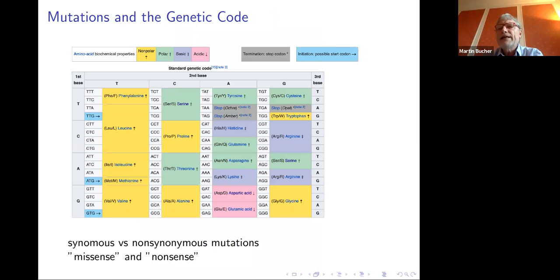Okay, so that's not the only thing that can happen. Sections can be added and taken out. So insertions or deletions. And when you make a comparison, it's a little ambiguous because neither came first, so they're called indels. And a lot of mutations could be fatal.